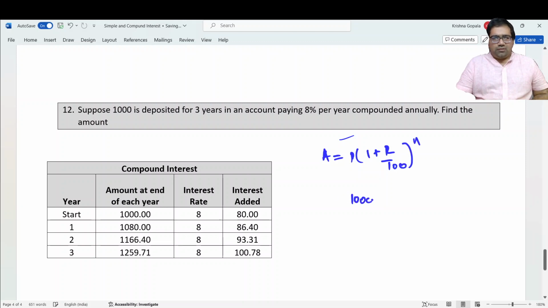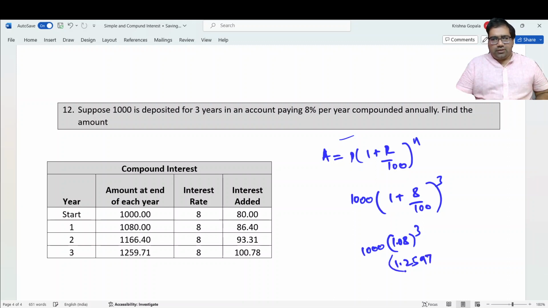Here 1,000. 1,000 into 1 plus what is r? 8. 8 by 100, whole power 3. 1.08 whole power 3 into 1,000. 1.08 whole power 3 is equal to 1.259, so 1.2597 into 1,000, which is equal to 1259.7. Okay, this is one way of calculation.